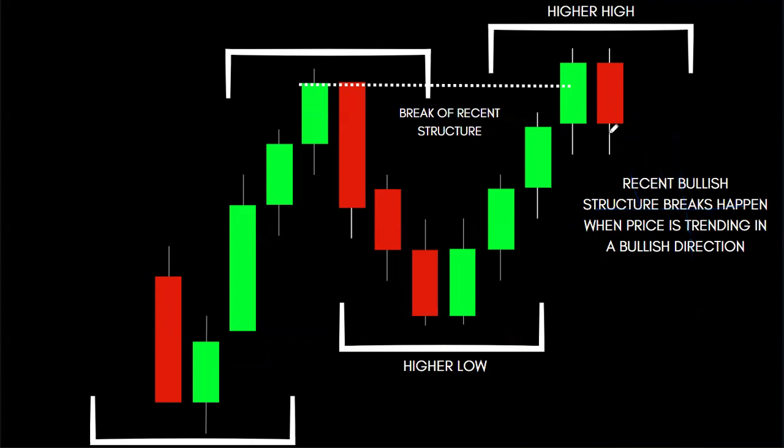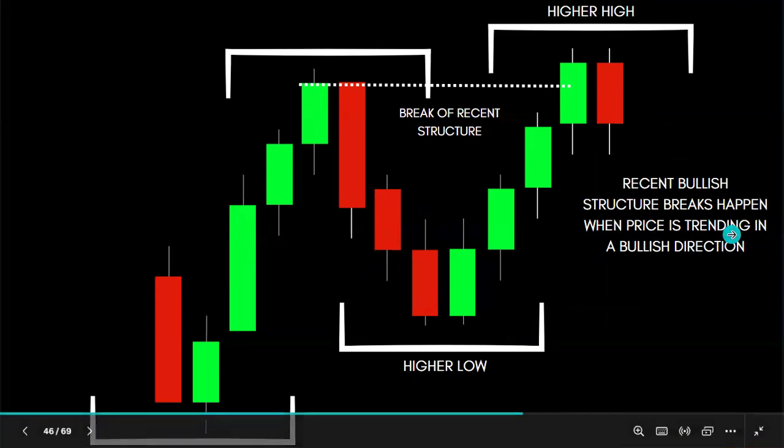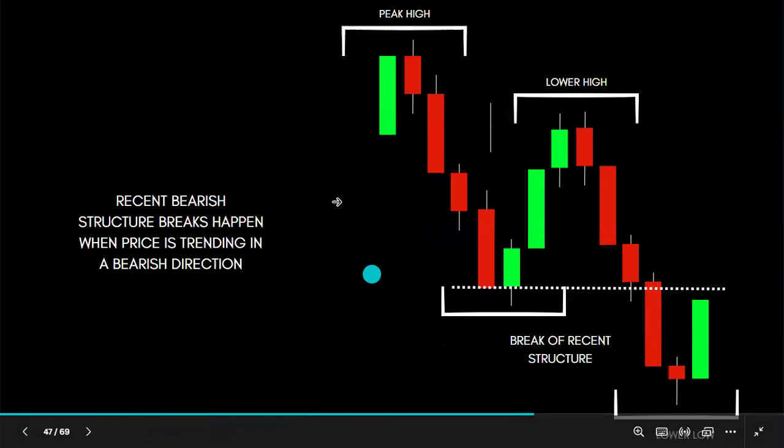So you're either going to have a present moment structure break that happens first and confirms that you're going the right direction, or you're going to have a previous data structure point here that it's trying to break. So price would have to come down and break it right there. And if that happens, we have a change of character.